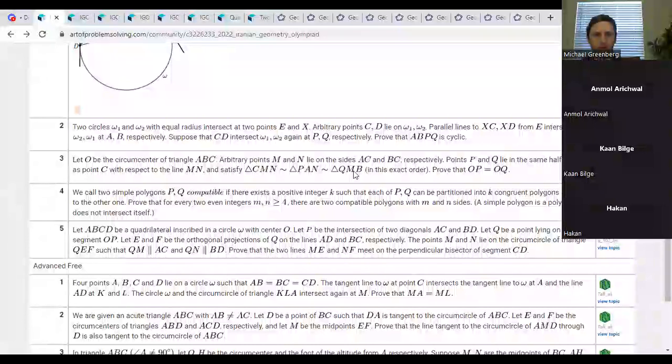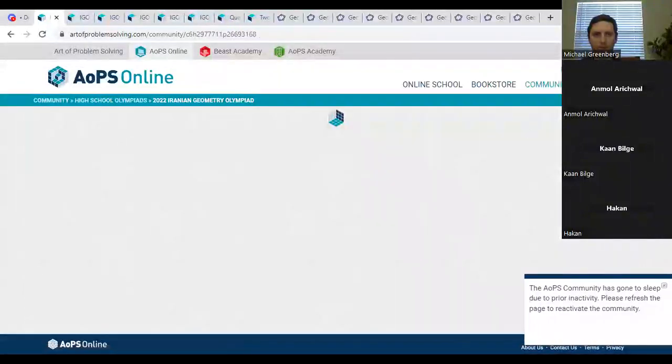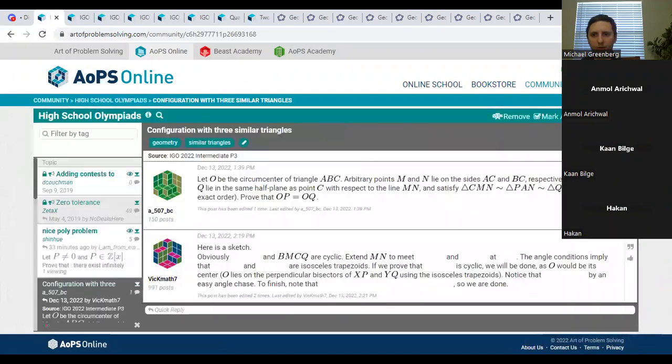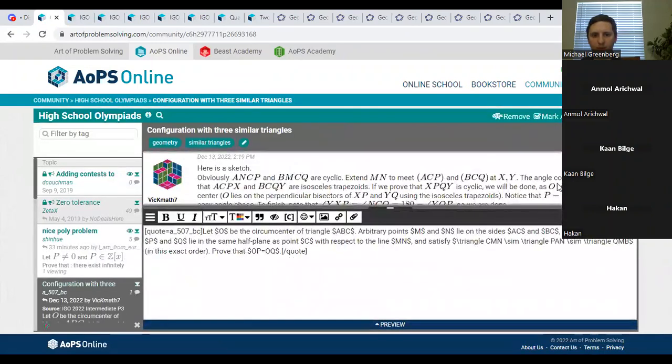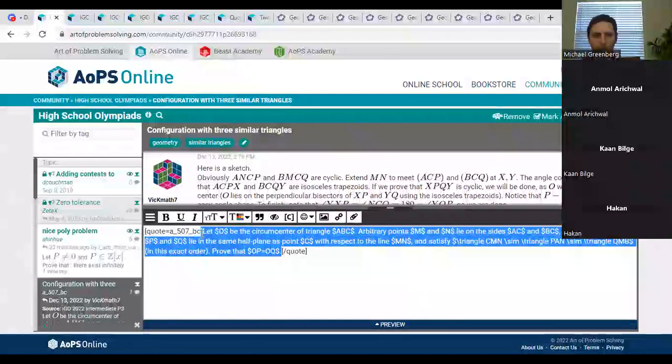M and N are on those two sides. So number 3 is kind of interesting. We could try that. I think it might take some work to draw the diagram though, but let's try this.